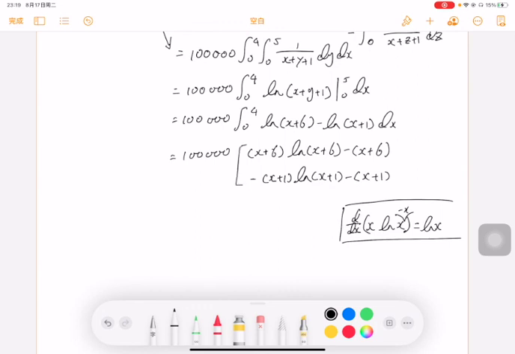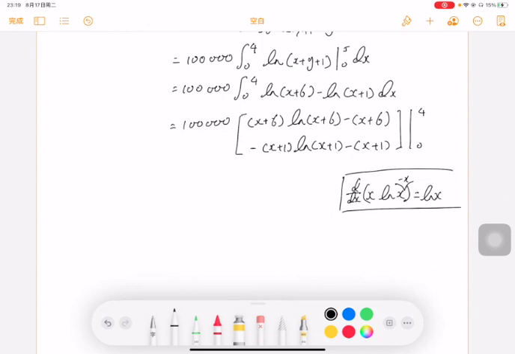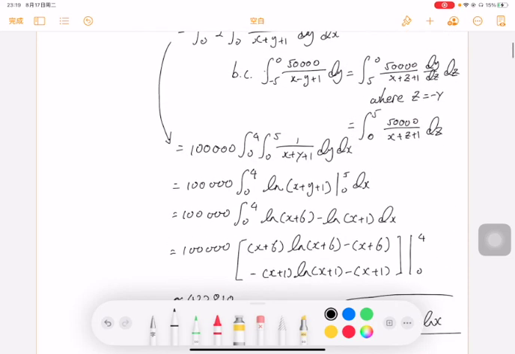This entire thing evaluated from 0 to 4. And if you plug these two numbers in, you get ln's and stuff. So if you want the decimal, you have to type that into a calculator. If not, you can just leave it as, for example, 10 times ln of 10 or something. But if you type that into a calculator, then this number is what you will get. It is approximately 4,022,810 people. This is the population of the city.